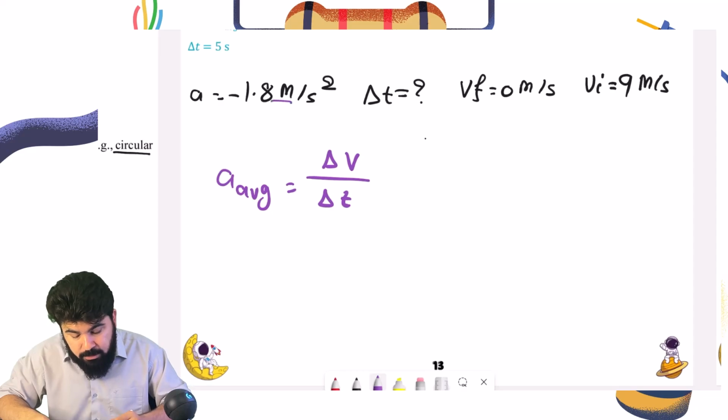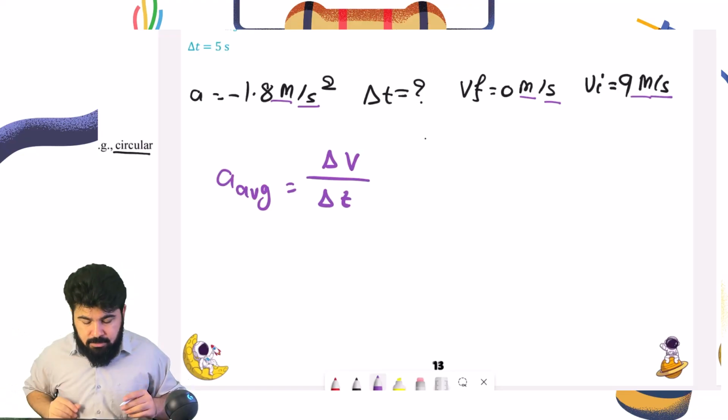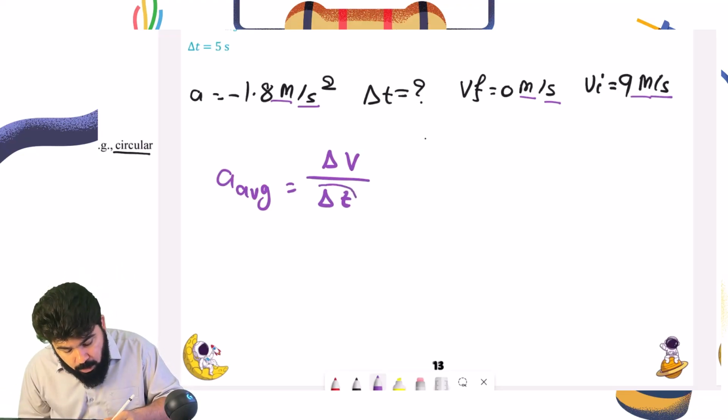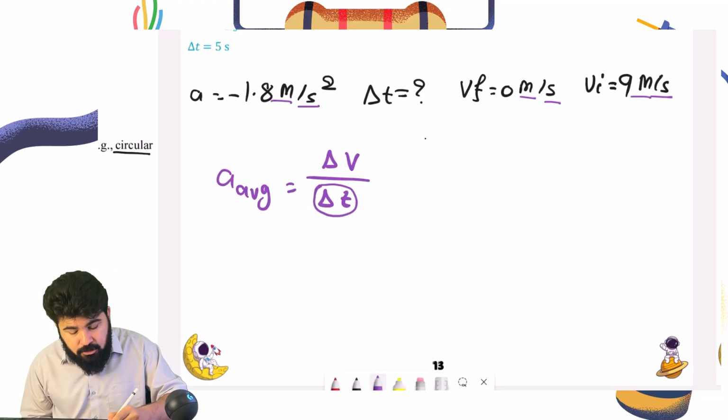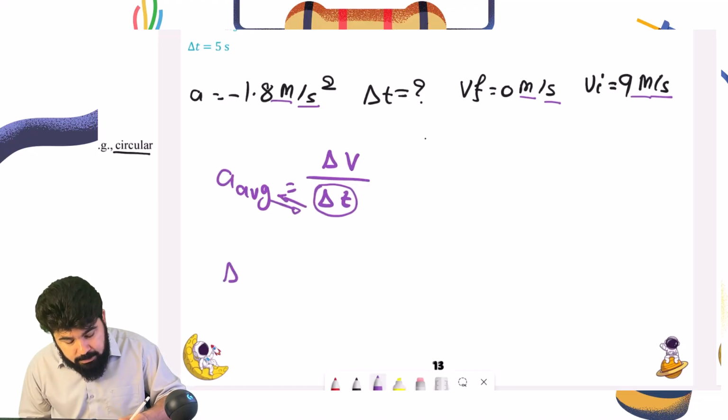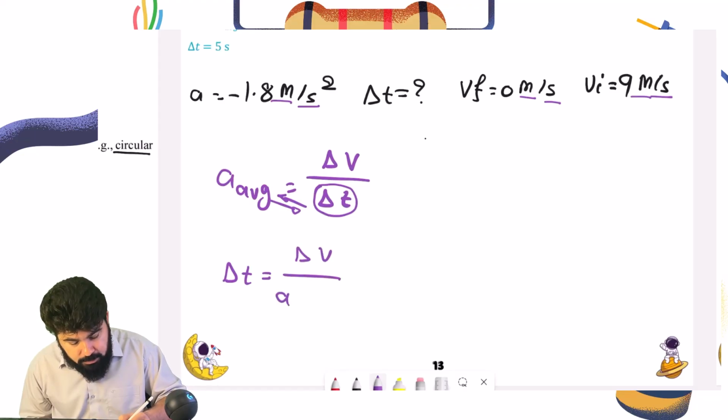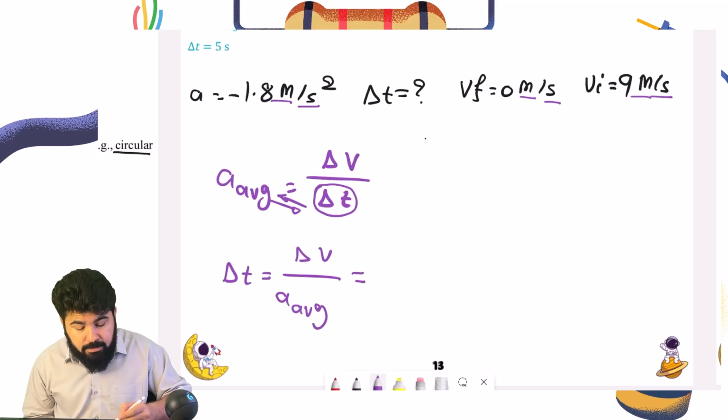We have meter here, we have second, so the units are consistent. If you want to find delta t, just change its place with acceleration. So delta t is going to be delta v divided by average acceleration.